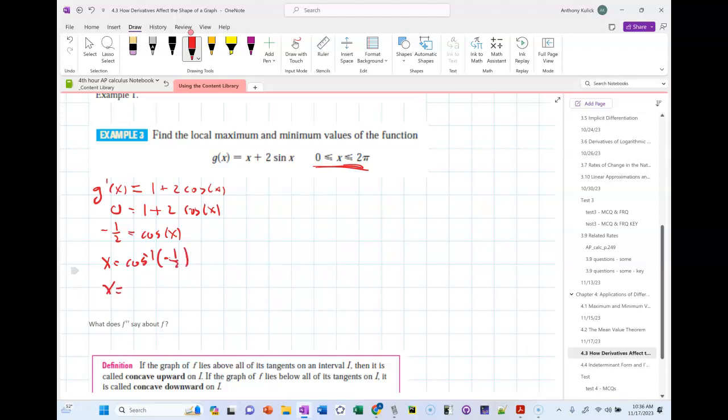How many times from 0 to 2 pi will cosine equal negative 1/2? Twice.